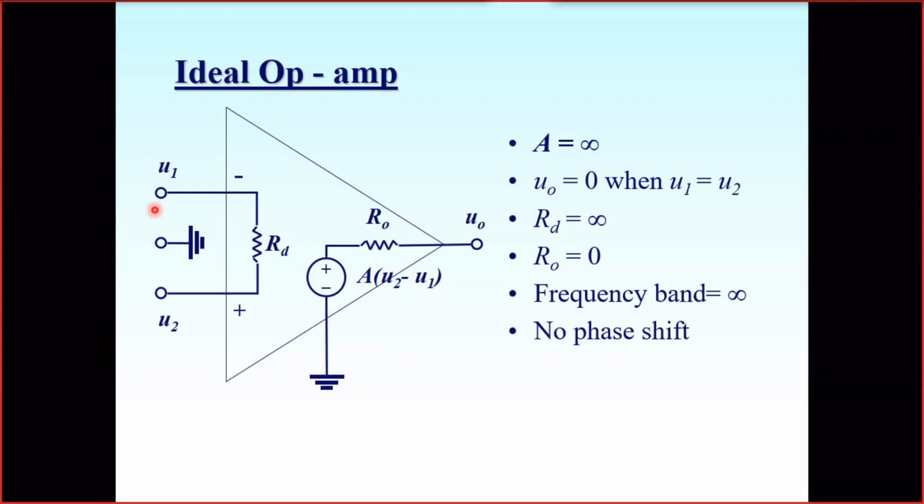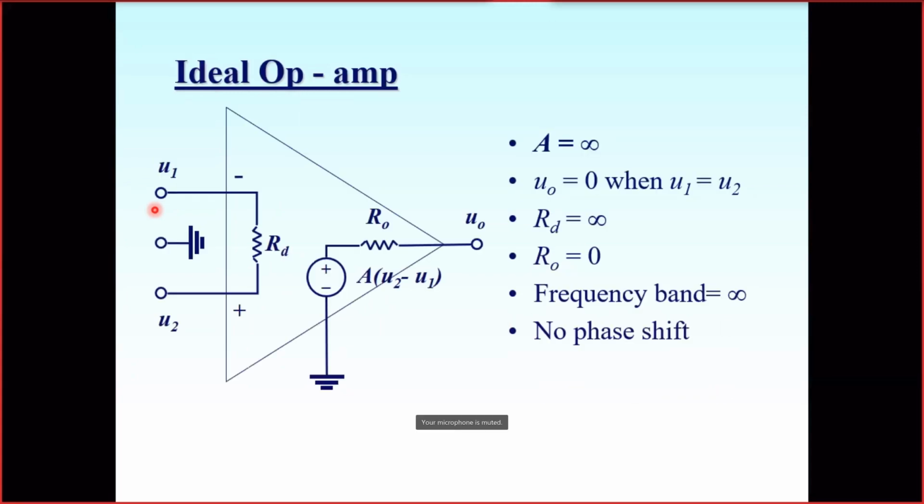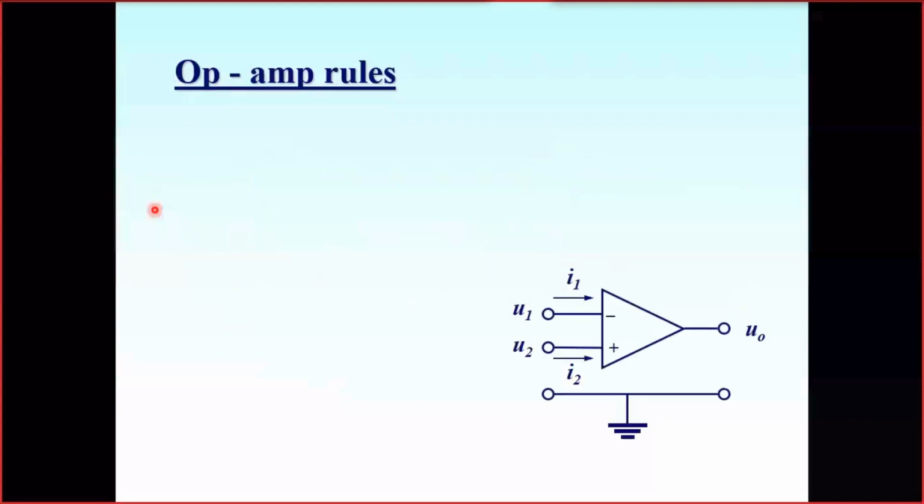So when the input changes, the output changes immediately. Also, usually there is some phase shift, and we have to control this phase shift to prevent the op-amp circuits from oscillation. Well, so taking these ideal features, we may formulate two rules of thumb.